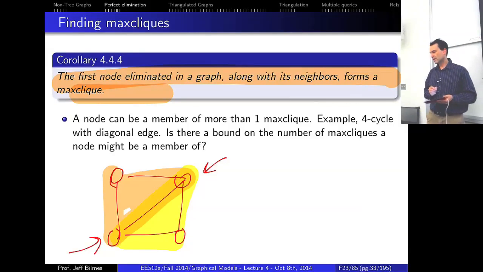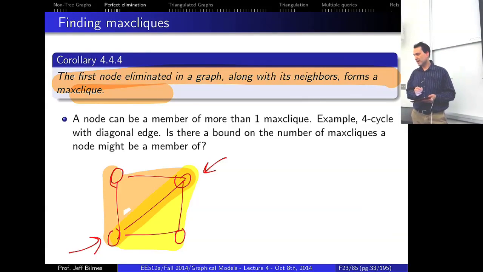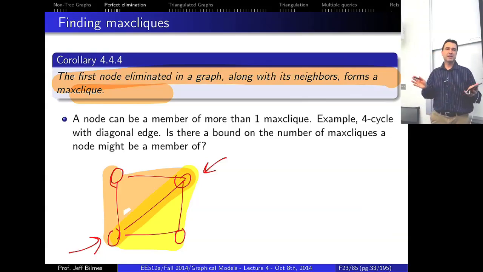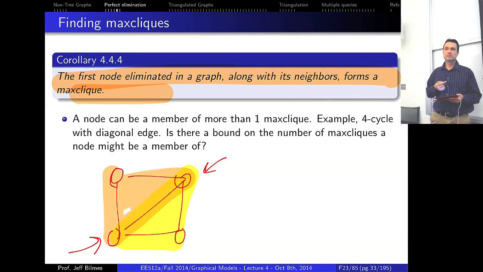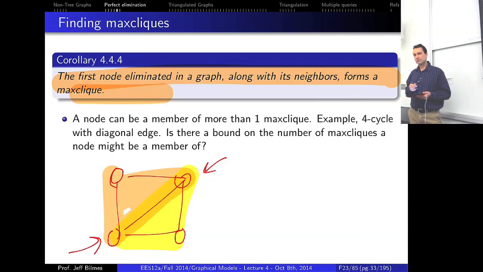Let me ask you another question. Is there a bound? Obviously n is a bound, but is there a bound strictly less than n on the number of max cliques that a node might be a member of? Sorry? It should be its degree. It's like its degree, that's right. N minus 1.